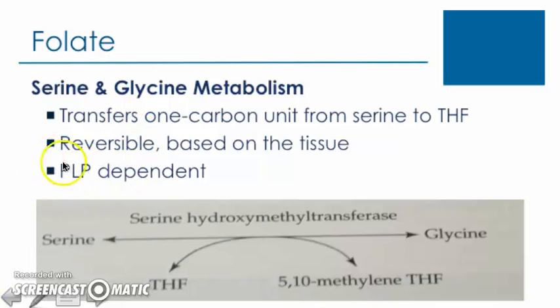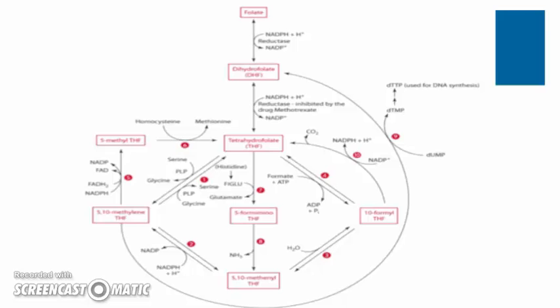PLP, this derivative of B6, is also going to be a cofactor assisting the activity of this enzyme. We can see in this larger diagram that the conversion of serine to glycine involves tetrahydrofolate to 5,10-methylene tetrahydrofolate. So we see those intermediates in the reaction as well.